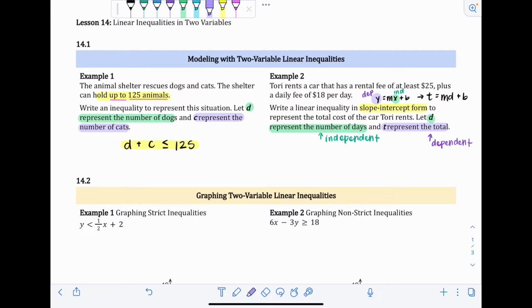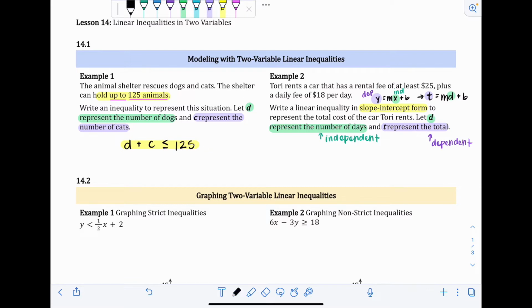So x and y got switched out for d and t. d went in where x was right after the m, and t went in where y was before the equal sign. And of course, since we're writing an inequality, we're not going to end up using an equal sign, but this is at least now the form of our equation with the correct variables put in.